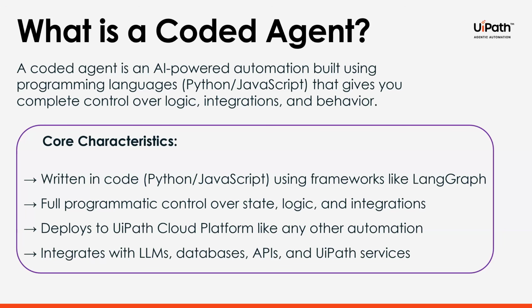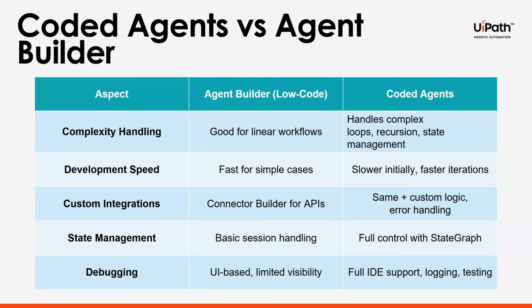Now let's see what coded agents offer more than traditional agents. Coded agents offer better complexity handling and faster iterations in development speed. They also let you integrate into APIs or databases, and give you space for implementing custom logic and error handling in agents.